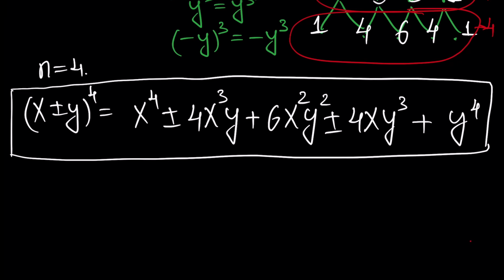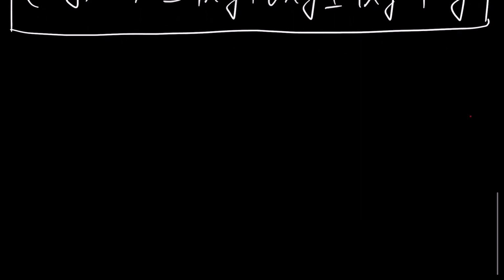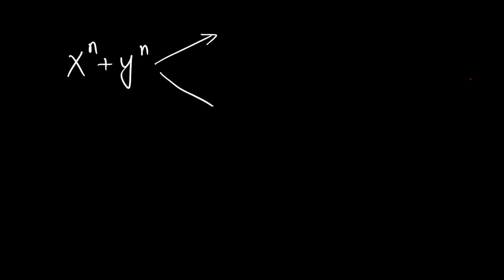To write the next shortcut multiplication formulas, we have to repeat the divisibility of x to the power n plus y to the power n. We have two cases here: divisibility by x plus y and by x minus y.